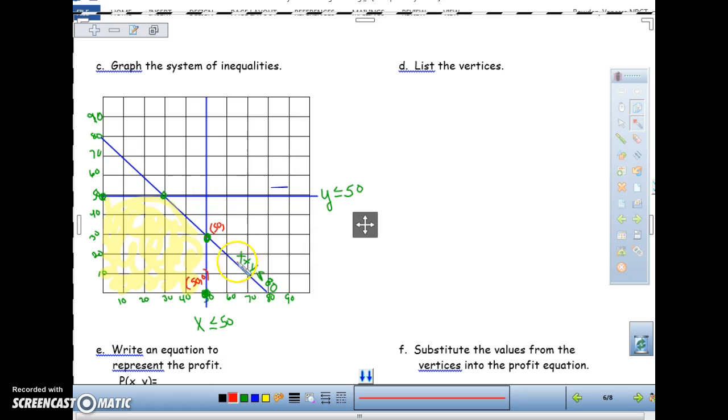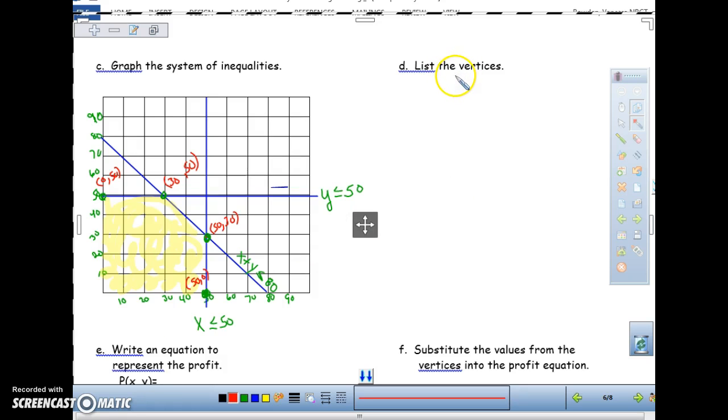Substitution is going to be much easier in this case. So if we put 50 in for x, 50 plus what gives you 80? Well, 30. And then for this one, when y is 50, what's x? So if I put 50 here, x would be 30. This ordered pair here would be 0, 50. These are all of our corner points here in red. So you could list them over here.